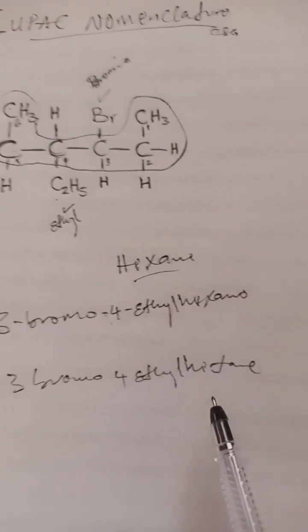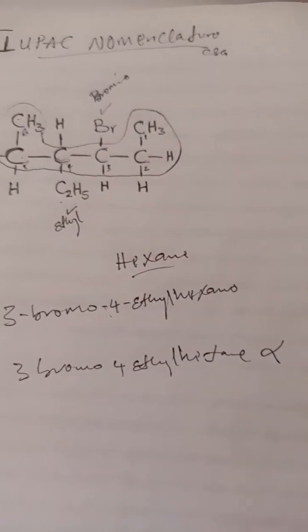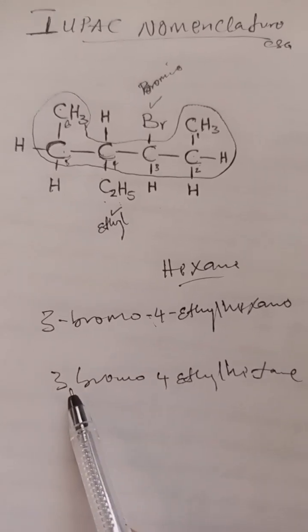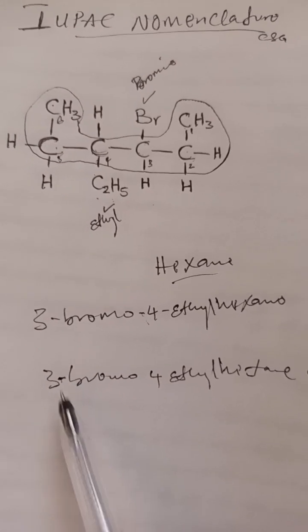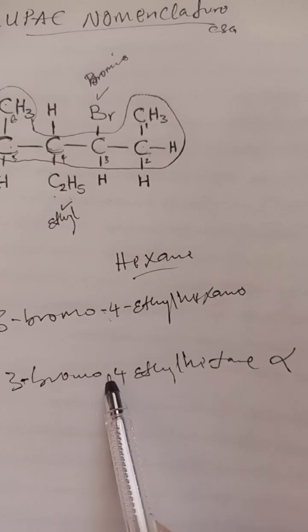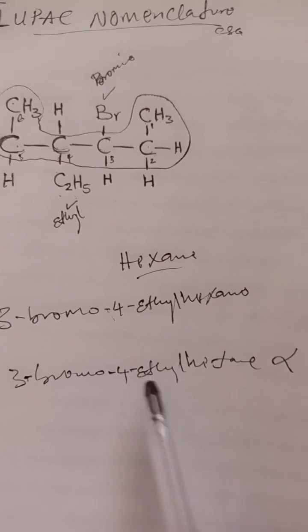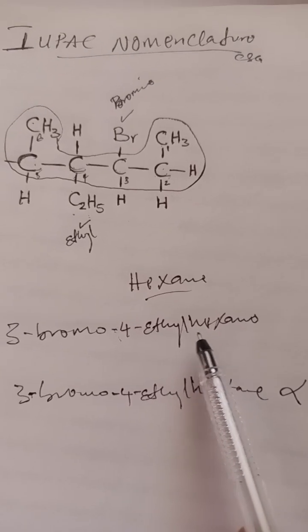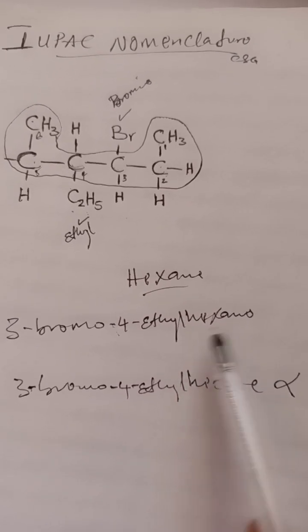If you write this in an exam, you are wrong because you didn't follow the real principle and rule. So you have to use a hyphen to separate numbers and letters.